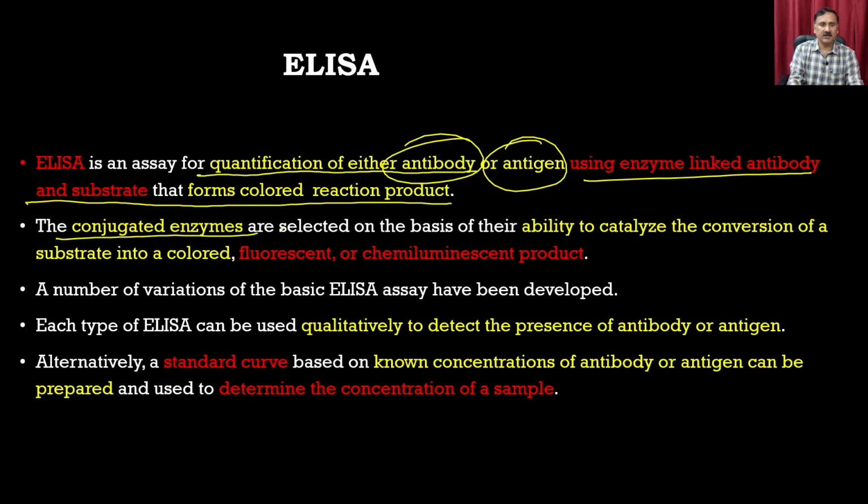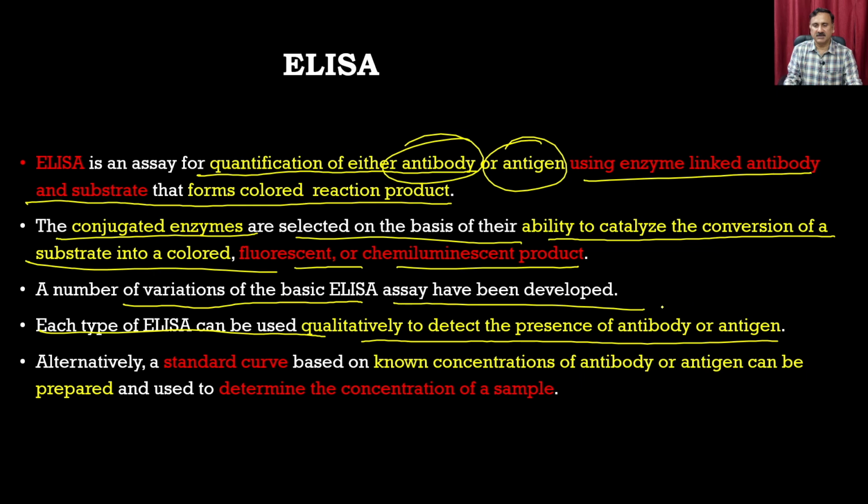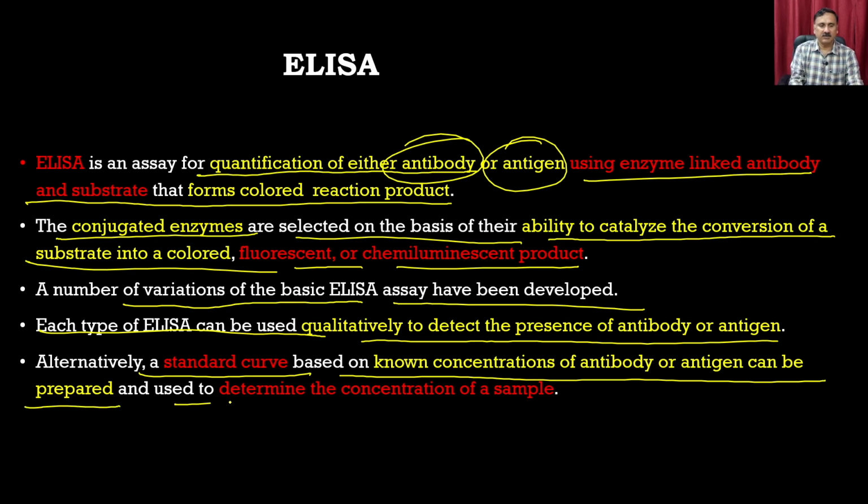The conjugated enzymes are selected based on their ability to catalyze the conversion of a substrate into a colored, fluorescent, or chemiluminescent product. A number of variations of the basic ELISA have been developed. Each type of ELISA can be used quantitatively to detect the presence of antibody or antigen. Alternatively, a standard curve based on known concentrations of antibody or antigen can be prepared and used to determine the concentration of a sample.